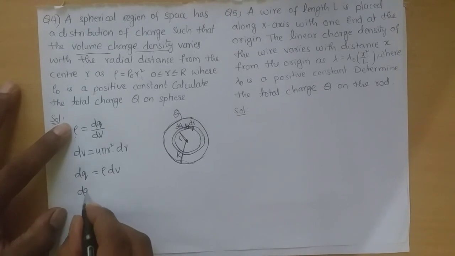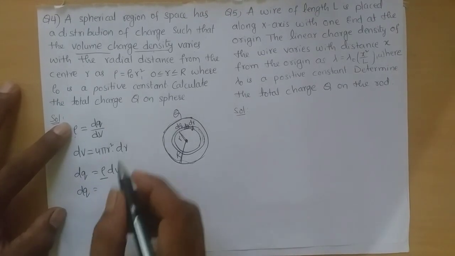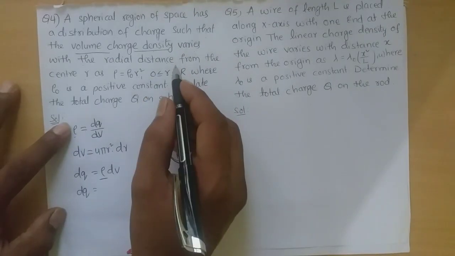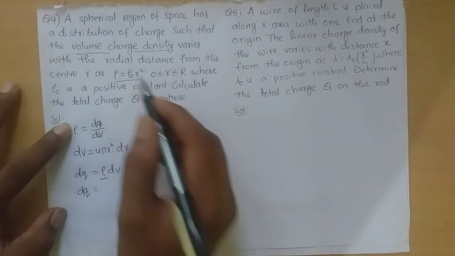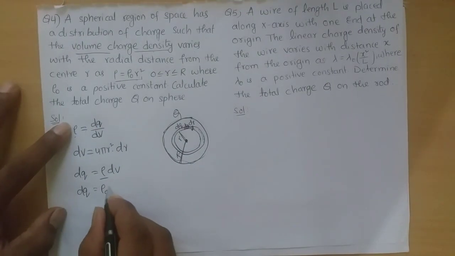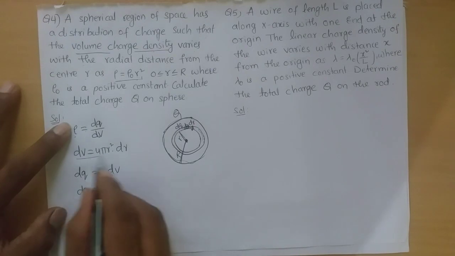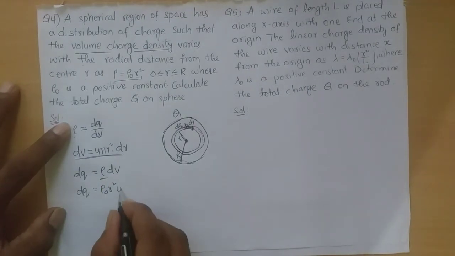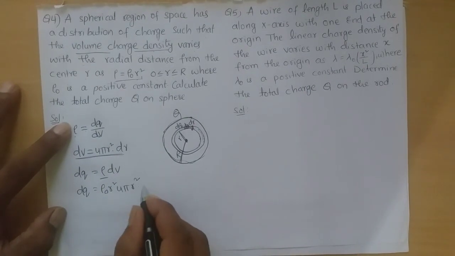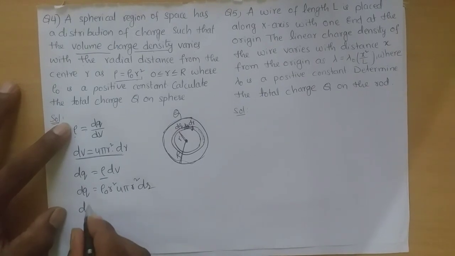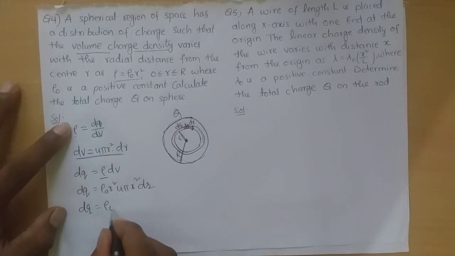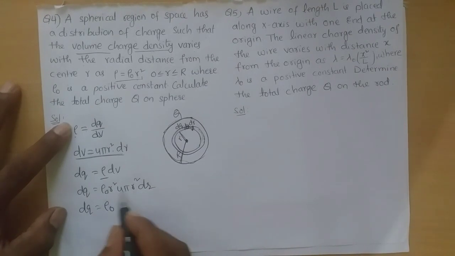The rho value is already given; it varies with the distance from the center, that is rho equal to rho naught r square. So in place of rho, rho naught r square into dv. The dv value we also found here, 4 pi r square into dr. So now dq equals rho naught r square into 4 pi r square dr, that is 4 pi rho naught into r square into r square, r power 4. So dq equals 4 pi rho naught r power 4 dr.